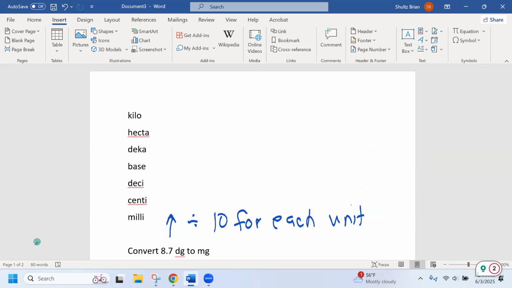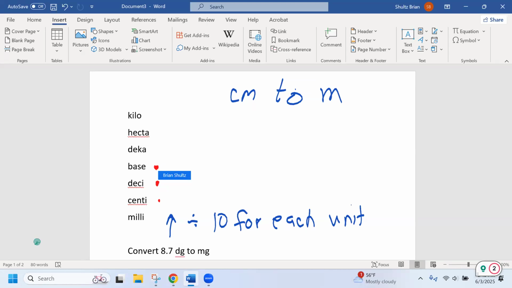So let's say I'm changing from centimeters to meters. Okay. I am going to look at where centimeters are right here, and then I count how many things it takes me to get back to the base unit. So it takes 1, 2.